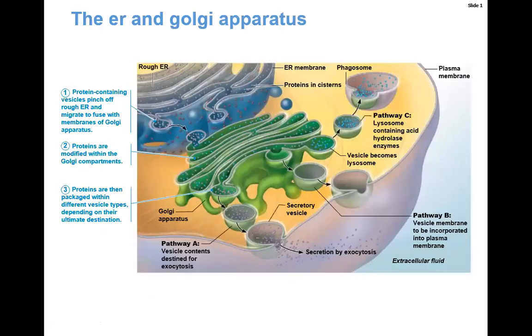So here are the 3 choices you get. You can release them. You've made a protein-based hormone. You release the hormone, it goes out into the interstitial fluid, and then ends up in the plasma and goes to wherever it's going to go. Or it's going to be a channel protein, a whole bunch of channel proteins. Maybe this is how we get the channel proteins and carrier proteins for insulin.